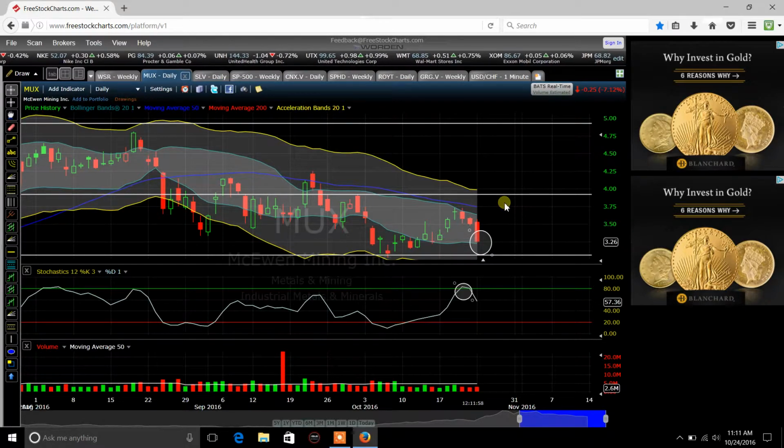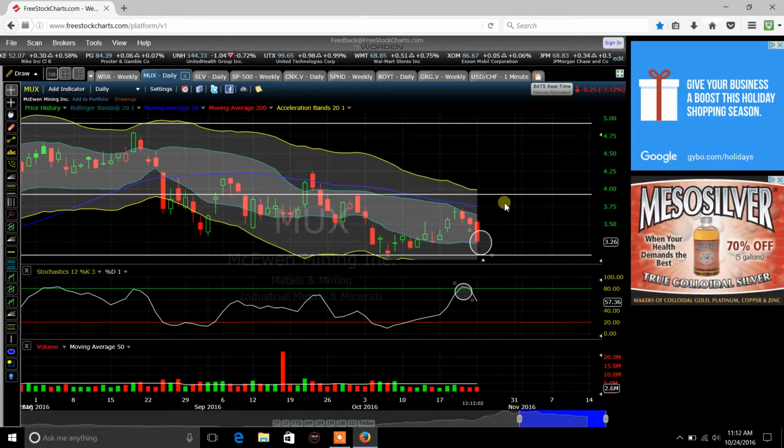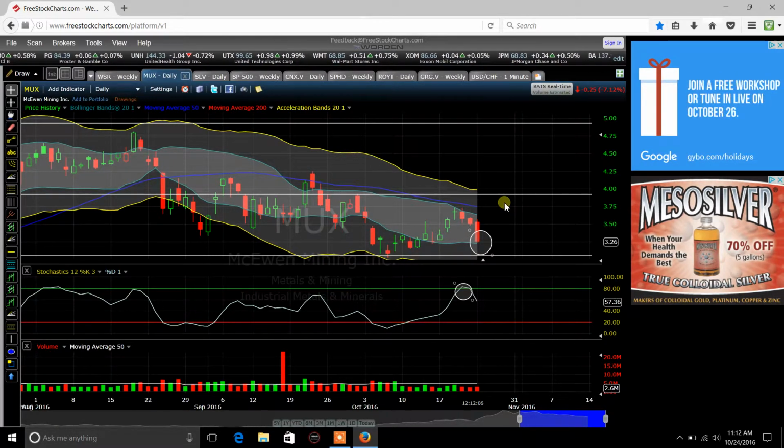There's a lot of uncertainty around that, and I think it's going to affect the markets mostly in a negative manner. I could be wrong on that, especially if Hillary Clinton gets in, because Wall Street wants Hillary Clinton. But if Trump gets in, I expect the markets are going to be kind of shaky moving forward until I can get a grasp on just exactly what Trump might do for the markets.